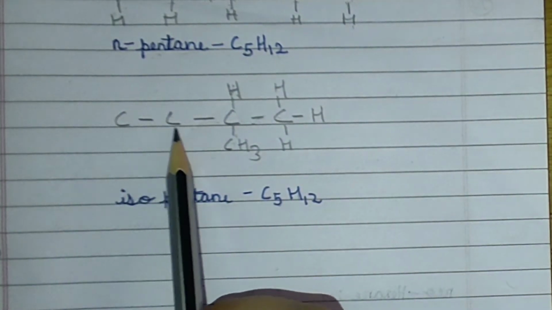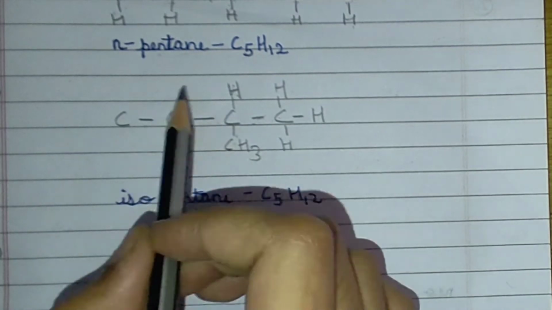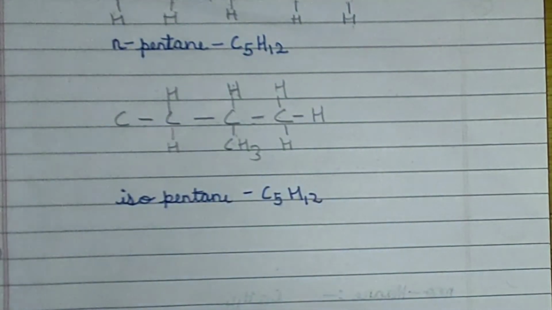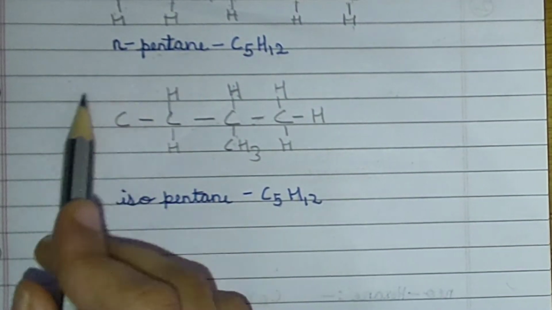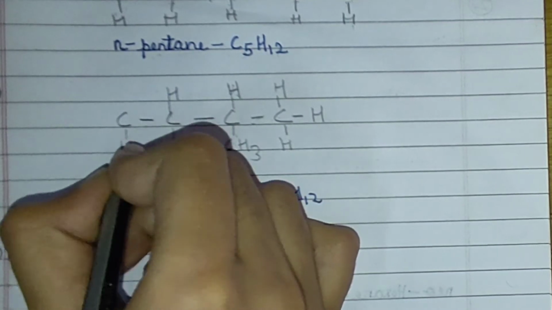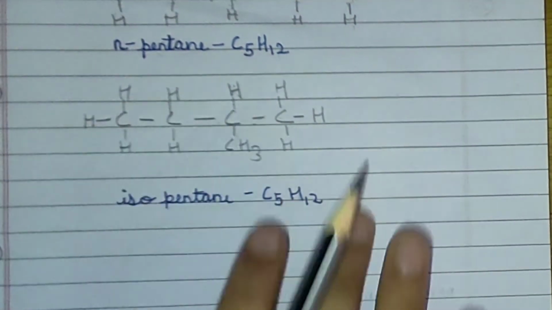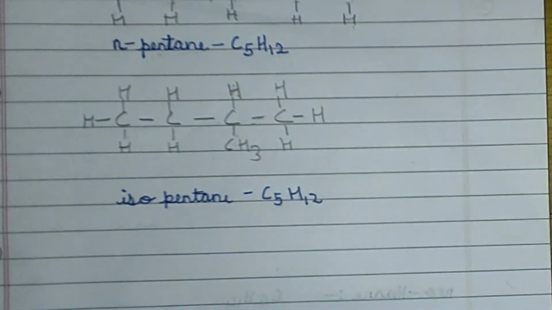Now the third one has one bond here and one bond here. It has 2 bonds. It needs 2 more. So 1 and 2. Done. Now the last one, it has one bond here and it needs 3 more. So 1, 2, 3, and this will be the fourth one. So this is how the isopentane structure is made.